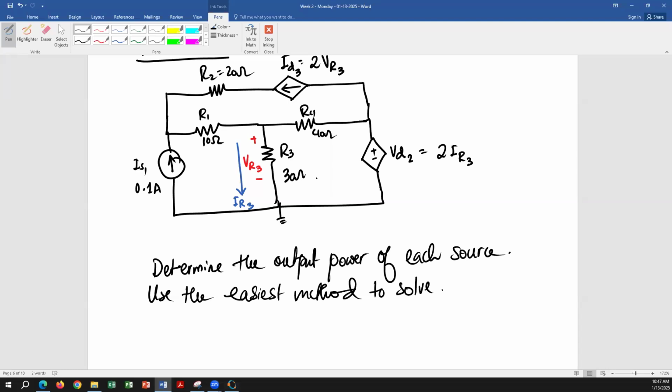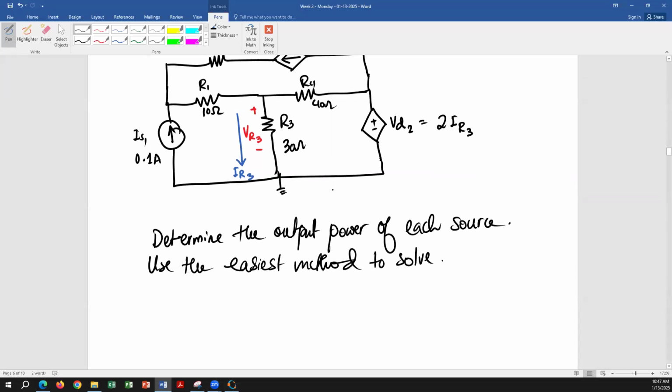That's halfway done. You still have to find the voltages across IS1 and ID3 in order to calculate the power supplied by those two sources. So again, analyze the problem and understand what you're looking for. So let's go ahead and apply mesh.